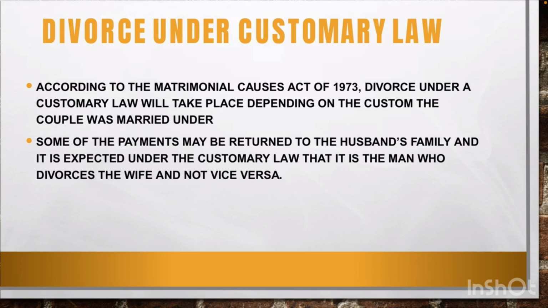You may agree with me that different tribes in Zambia have different traditions and customs that they carry out during marriage. So your tradition or custom which you used when marrying each other will determine the divorce, it is the one that you are going to follow when divorcing as well.